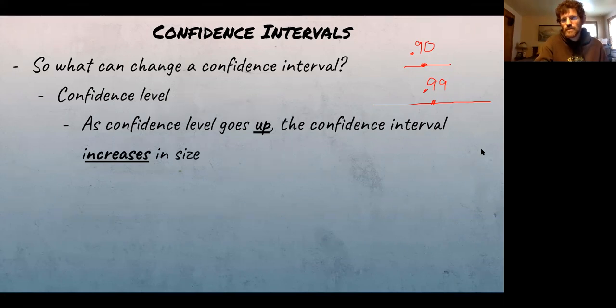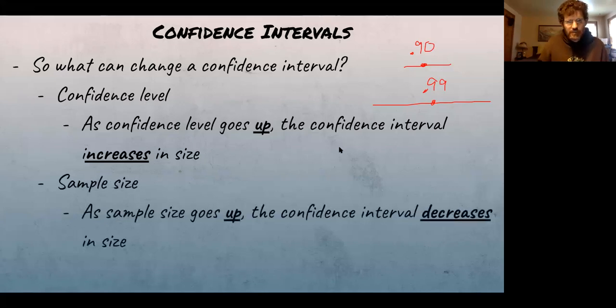And this will make more sense when we're doing the calculation, but confidence level is always given in a percent. As sample size goes up, the confidence interval decreases. So if I've got a confidence interval here, then the smaller sample size is going to have a wider confidence interval.